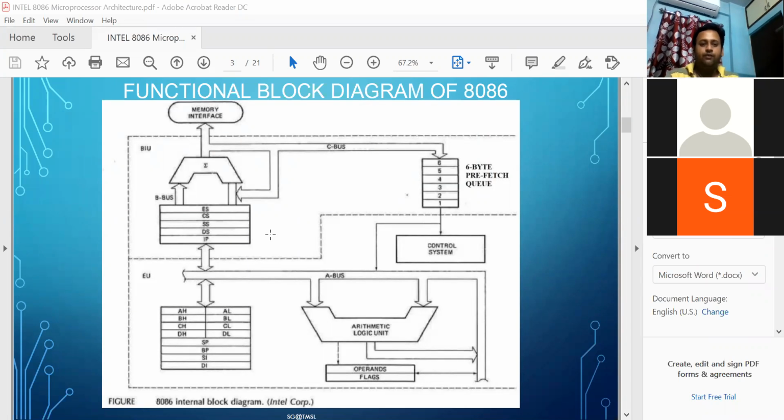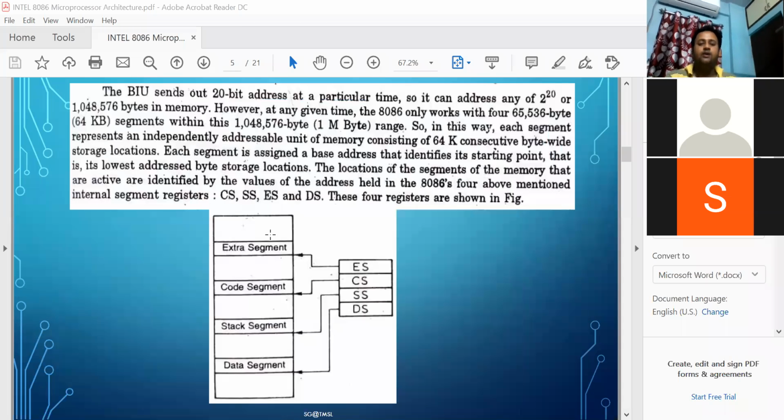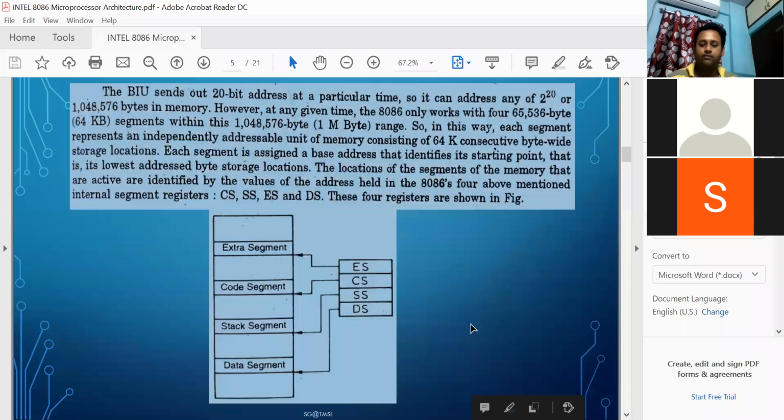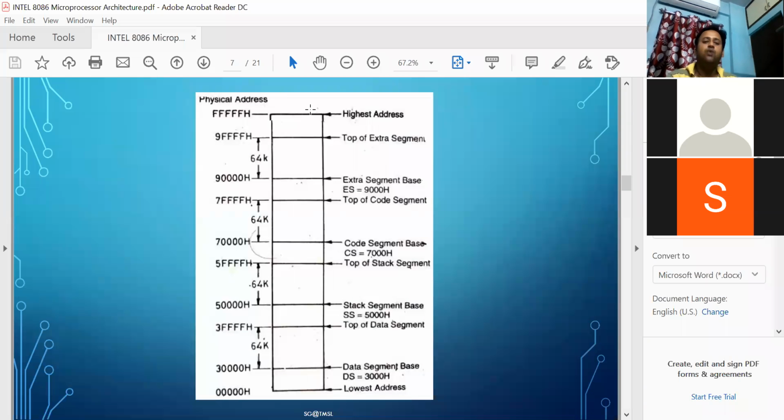Now, before going to discuss each individual block, you need to know the memory organization. It will help you to understand this architecture or functional block diagram in detail. So this is the memory. Here, the total 1 MB memory space is given.